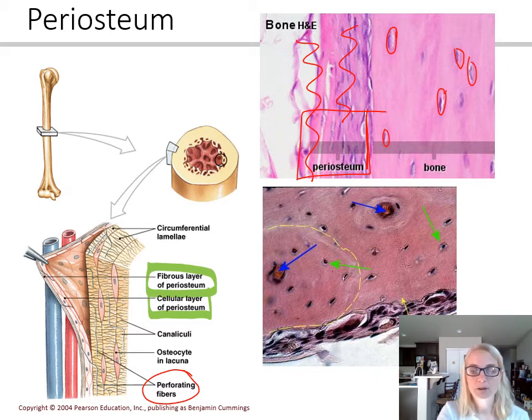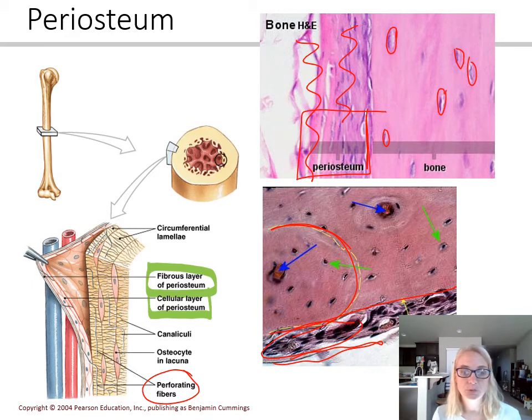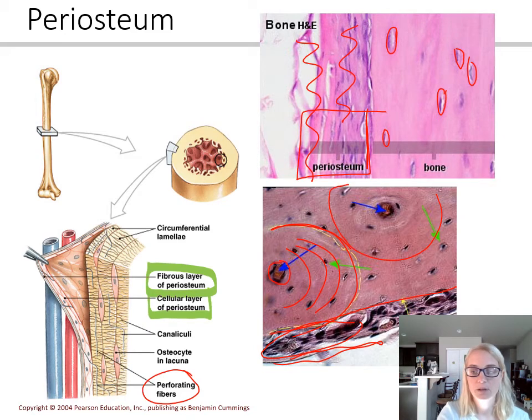Down the bottom, here's your periosteum, the fibrous layer out here, the cellular layer here, and here, without the obvious rings, is an osteon with a central canal, and we have our layers of matrix with the osteocytes living in their lacunae. We can see that now, hopefully. Here would be the other one, and then some interstitial lamellae right here.